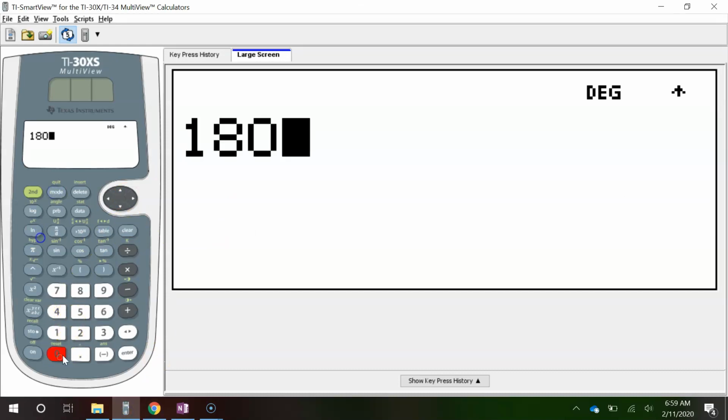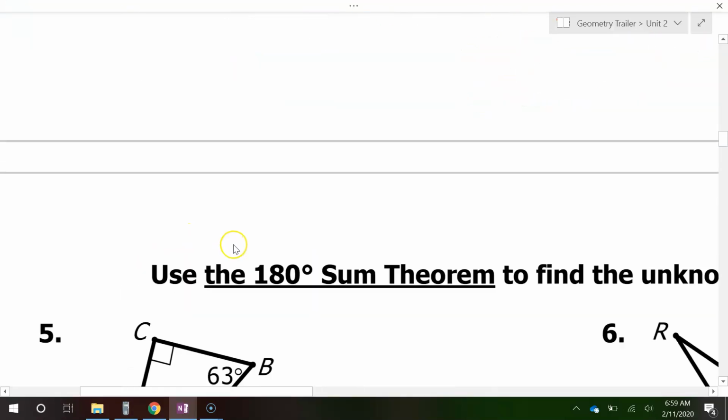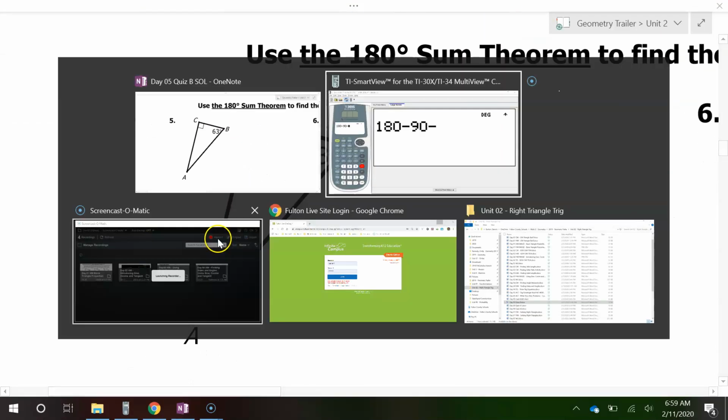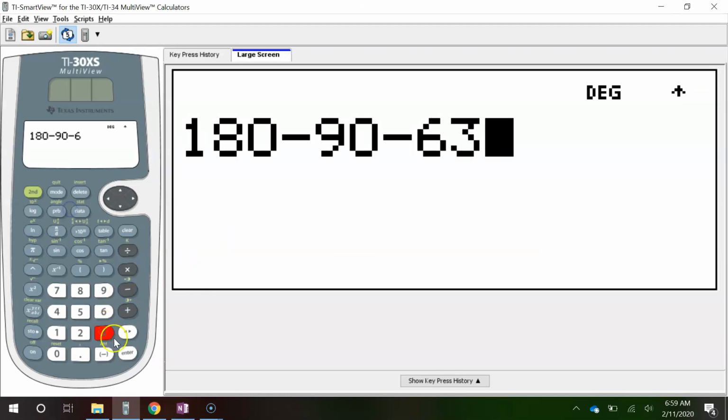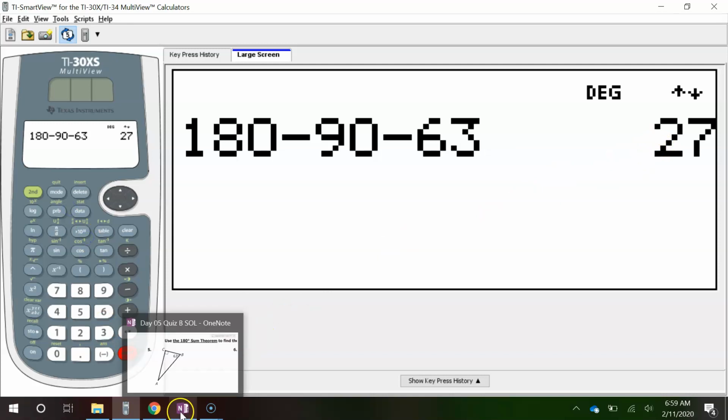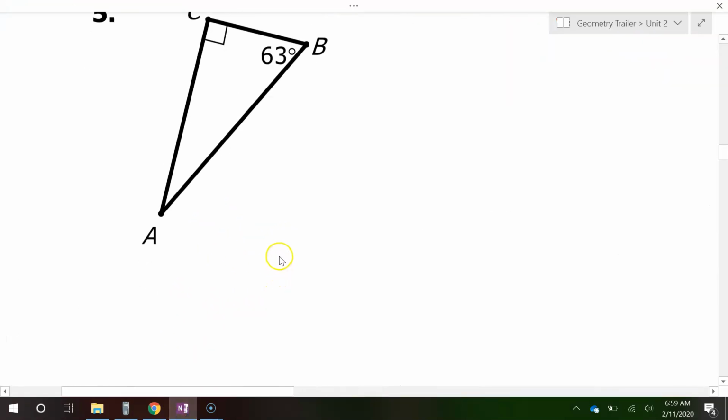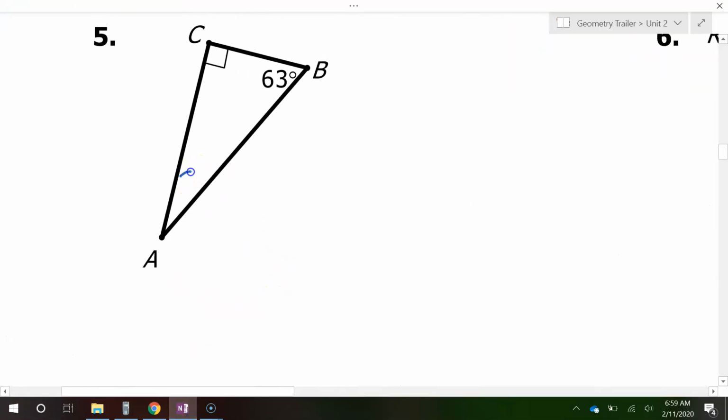Since they all add up to 180, I can start with 180, subtract 90, and then subtract 63. Okay, so that is 27. All right, so the missing angle is going to be 27 degrees.